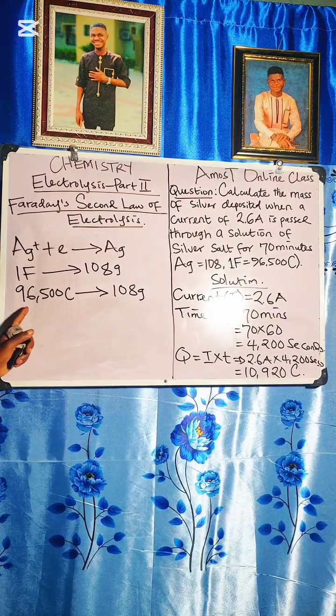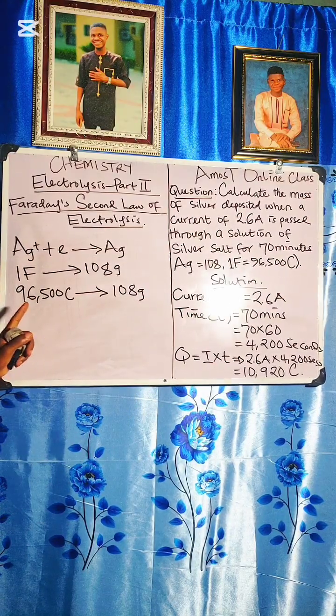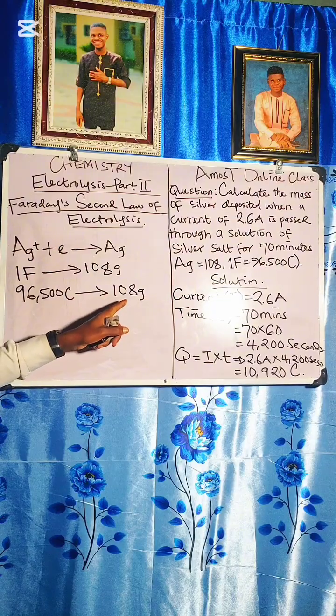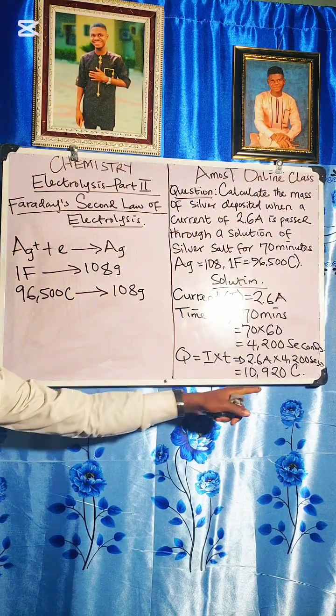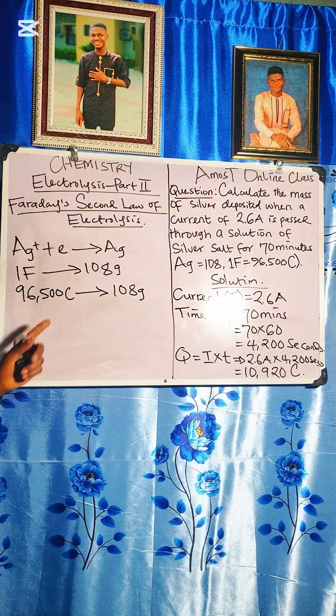So if 1 Faraday, which is equal to 96,500 coulomb, is required to liberate 108 grams of silver, then 10,920 coulomb will be required to liberate X gram of silver.